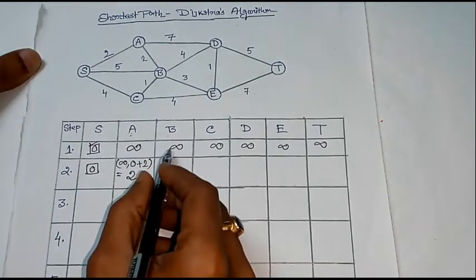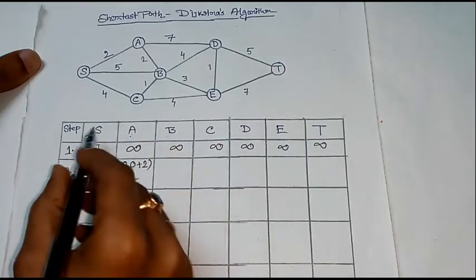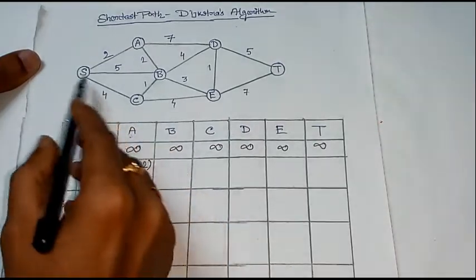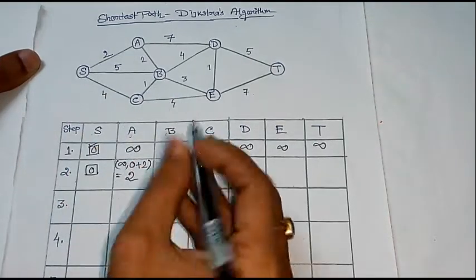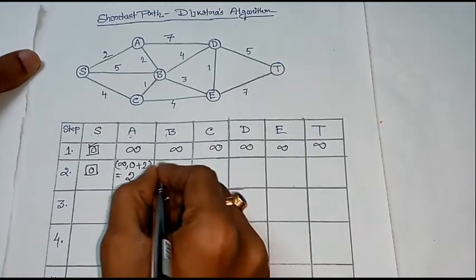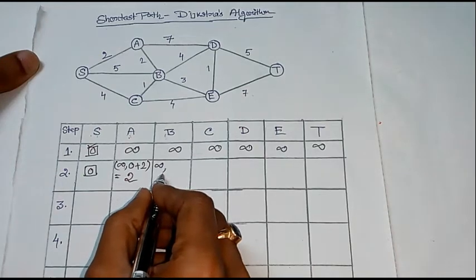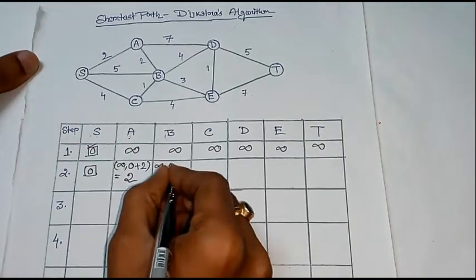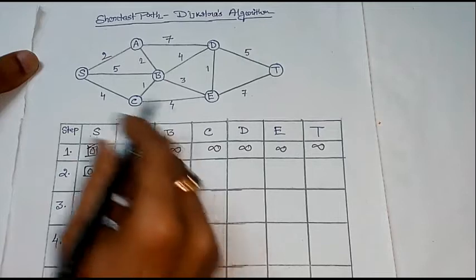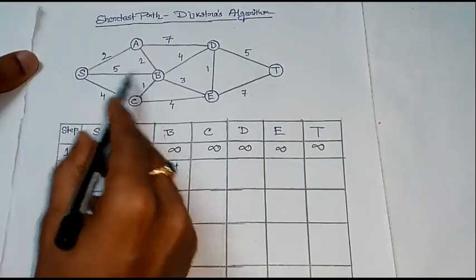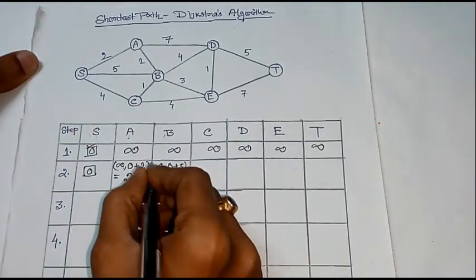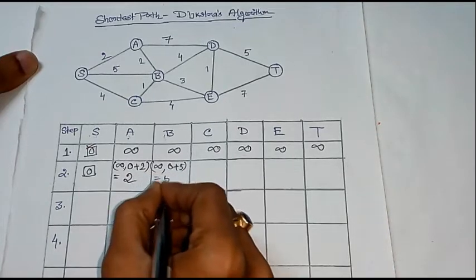Next, consider the vertex B. Again we see that the vertices S and B are adjacent to each other. So in that case we put one value, that is the previous value, comma, and then the permanent level of the previous step, that was 0, plus the distance between S and B. Here you see that the distance between S and B is 5, so it is 5, and the minimum of these two is 5.